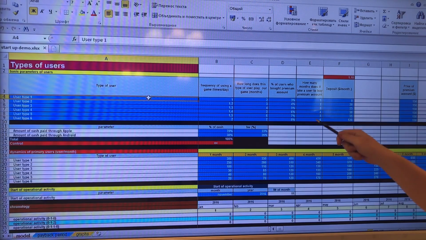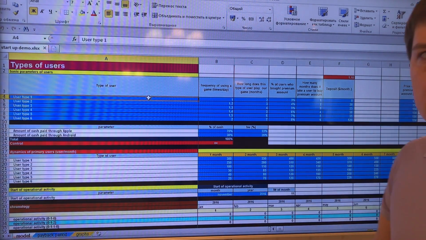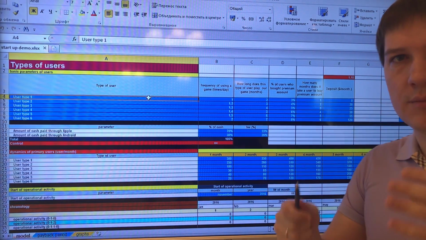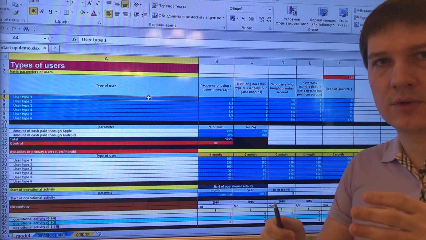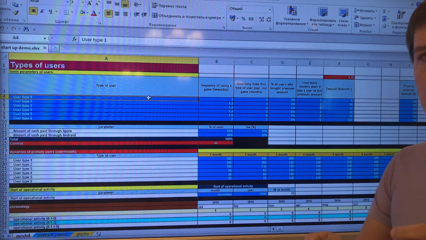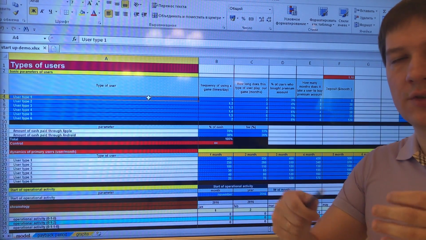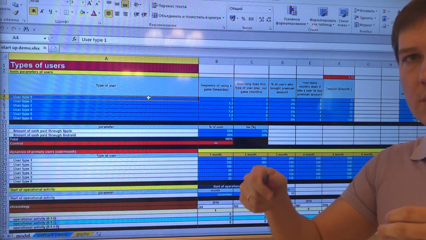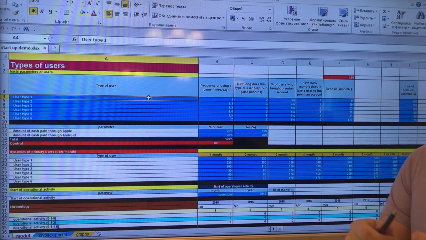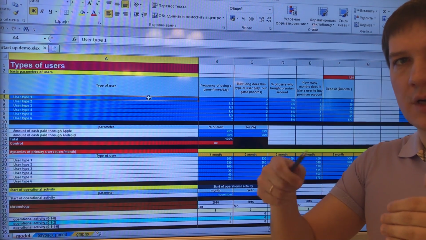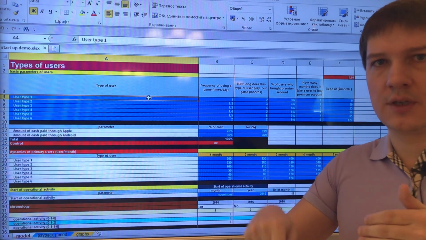Then another important parameter concerning premium accounts is when users buy them, because a user may play this game for 2 or 3 months and only then buy the premium account. Another group of people will buy a premium account right after downloading the game.